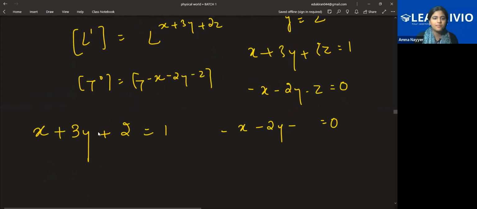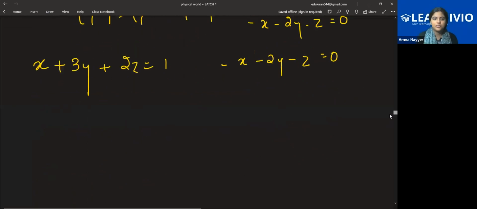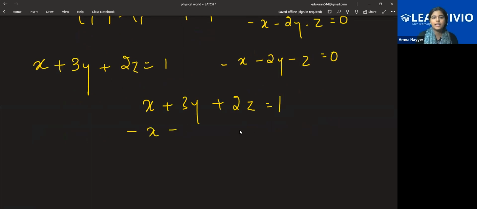So what do we have? x plus 3y plus 2z is equal to 1. Minus x minus 2y minus z is equal to 0.